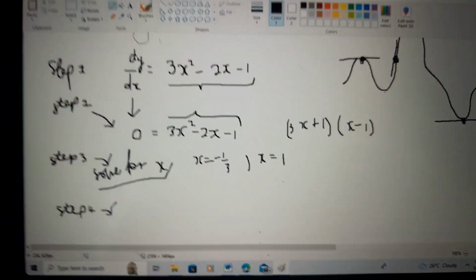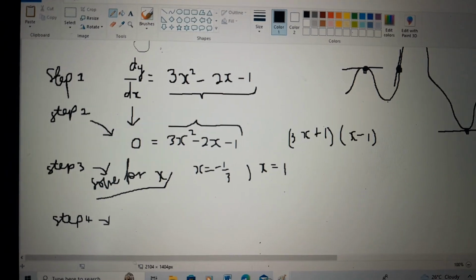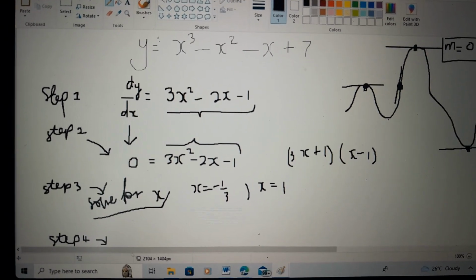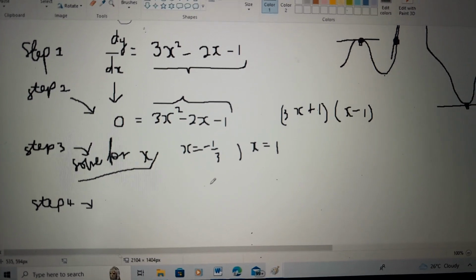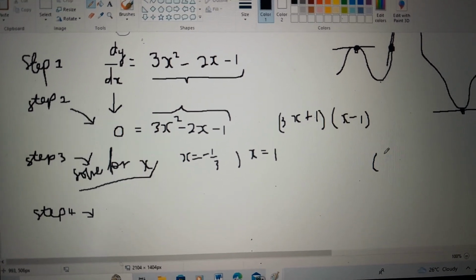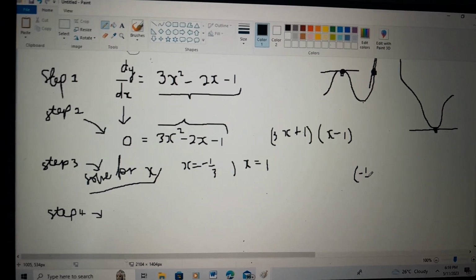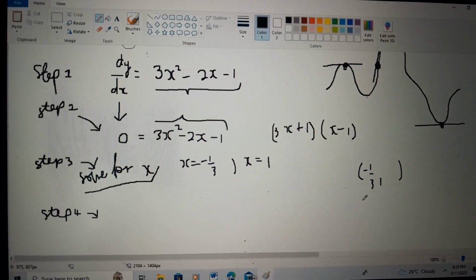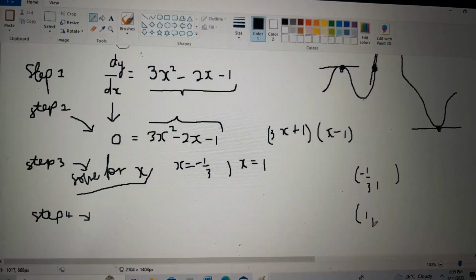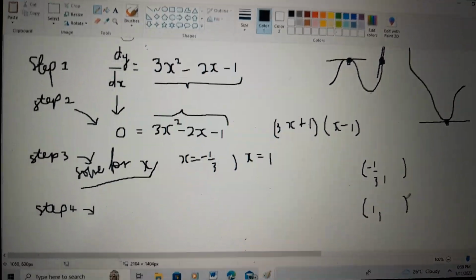Remember, we were asked to find the stationary points, not the x value alone, the points. So when x is negative one third, we need to know the corresponding y value. And when x is 1, we need to know the corresponding y value as well.